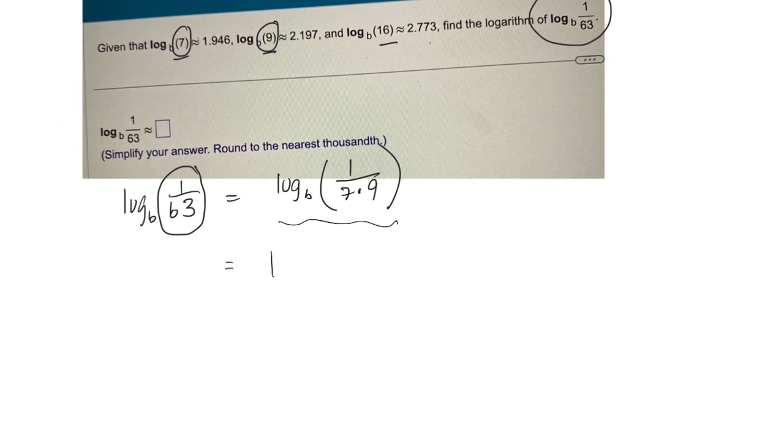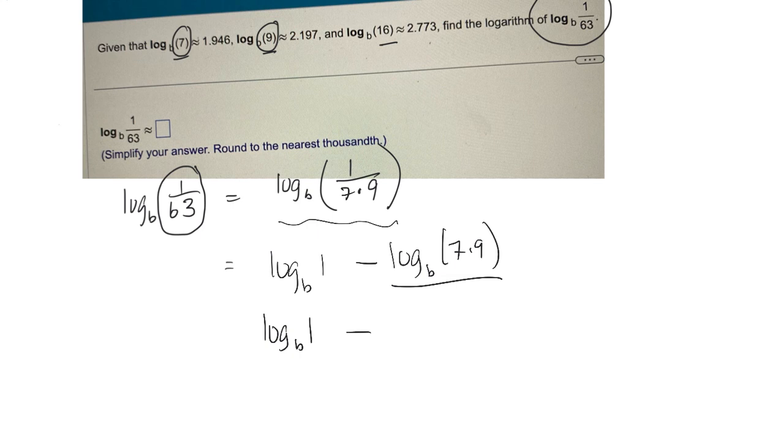So that would be the same as log base b of 1 minus log base b of 7 times 9. Now, this I can expand out to log base b of 1 minus, log base b of 7 plus log base b of 9. Okay, that's a product law.